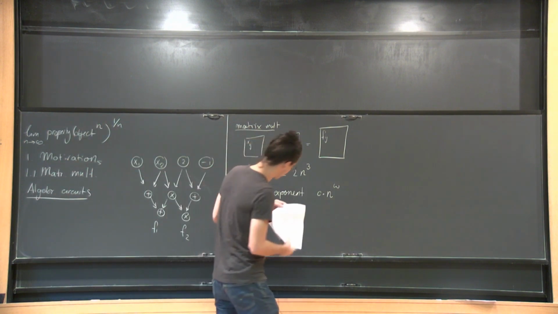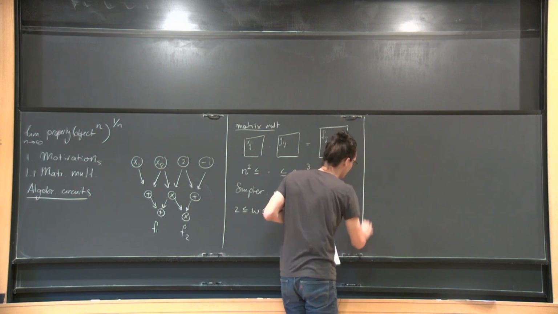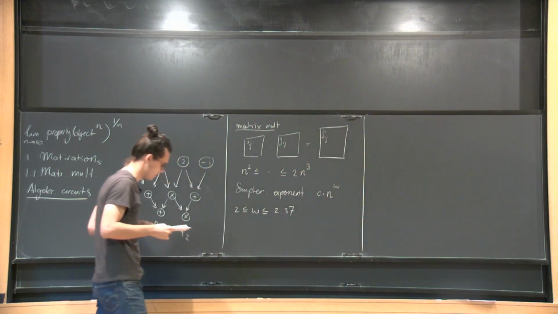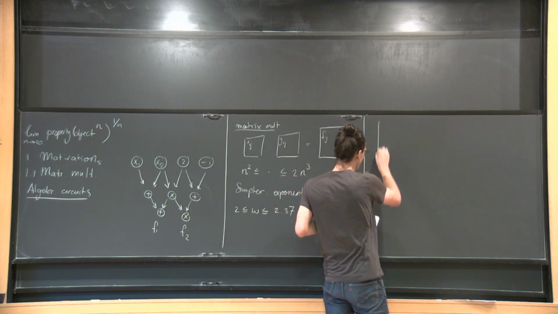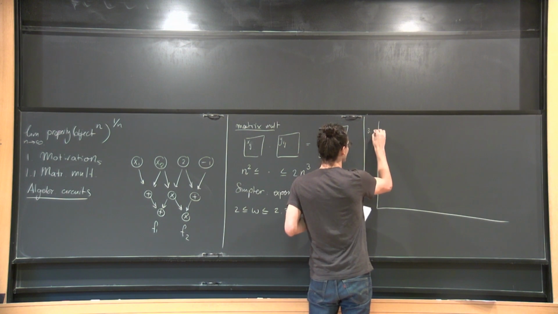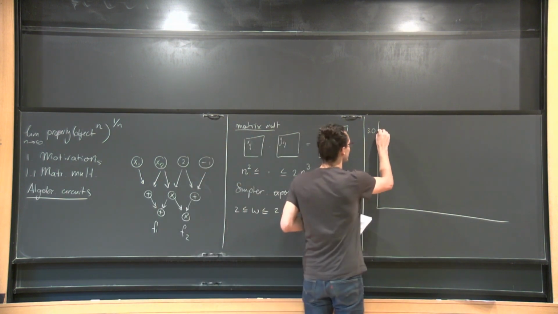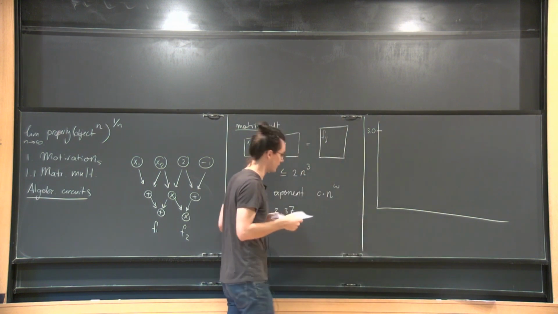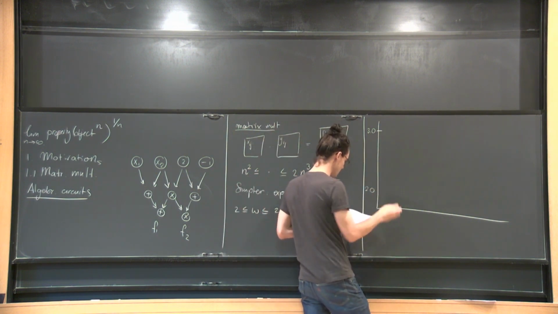So this is what we know now, but it took a while before we got here. The first result on this was in the 60s by Volker Strassen. Let me draw a graph. So the trivial upper bound is 3, so that's where it all started. And 2.0 is the trivial lower bound.